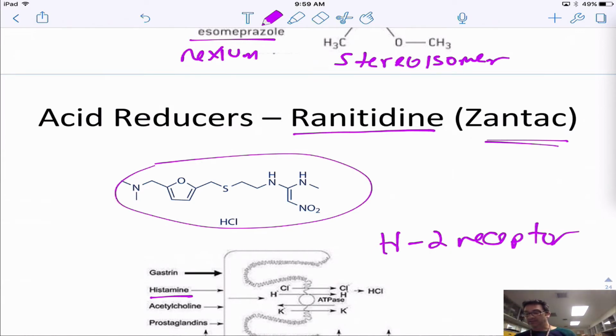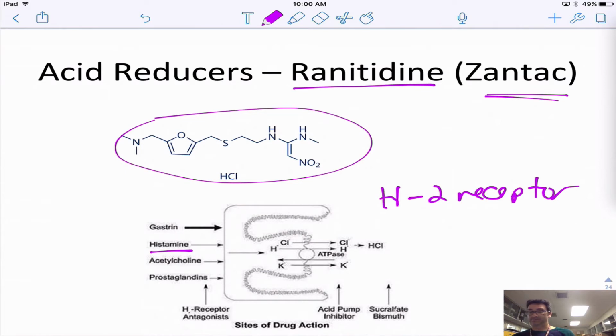And that histamine then, in turn, activates the hydrogen ion pump and causes there to be an increase in the amount of acid. So, this histamine will activate this hydrogen pump, and cause more H+. If you have Zantac, it will block this, and it will reduce the amount of acid being secreted.